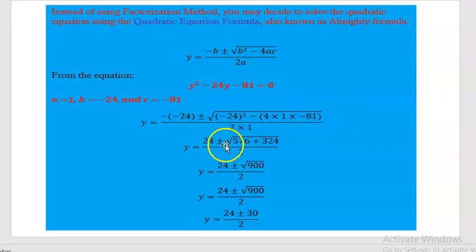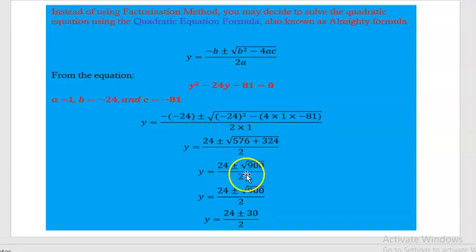Then you reduce it. So minus times minus here, we're going to have 24 plus or minus 24 squared will give you 576. Then 4 times 1 times minus 81 will give you minus 324. Then times this minus, that's why we're having plus 324. Then 2 times 1, of course, that's over 2.